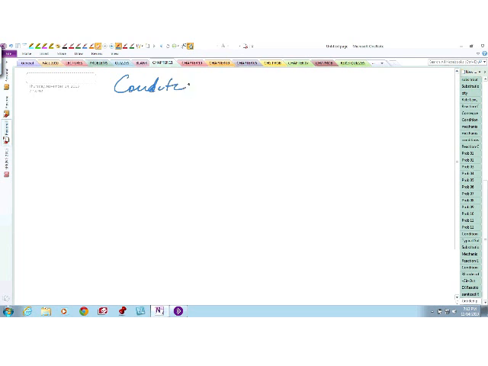The conditions for E2 reactions, unfortunately, are similar to the SN2 conditions. One, it must be a primary or secondary substrate. In other words, the leaving group must be attached to a primary carbon or a secondary carbon.